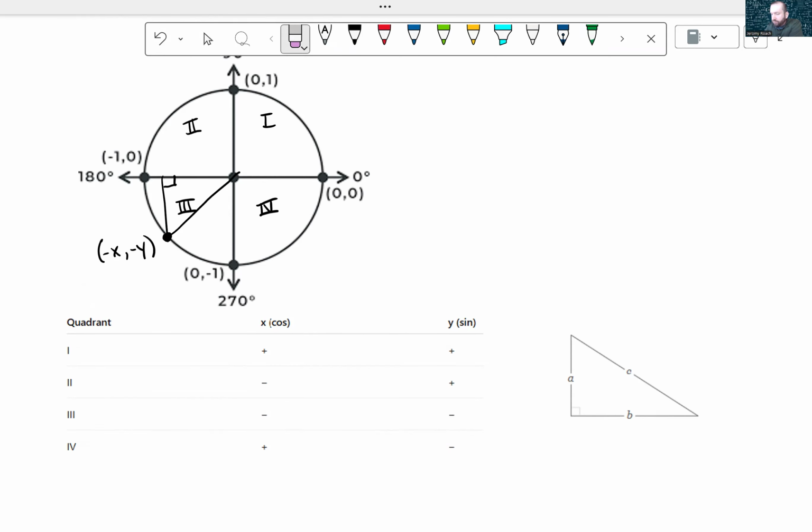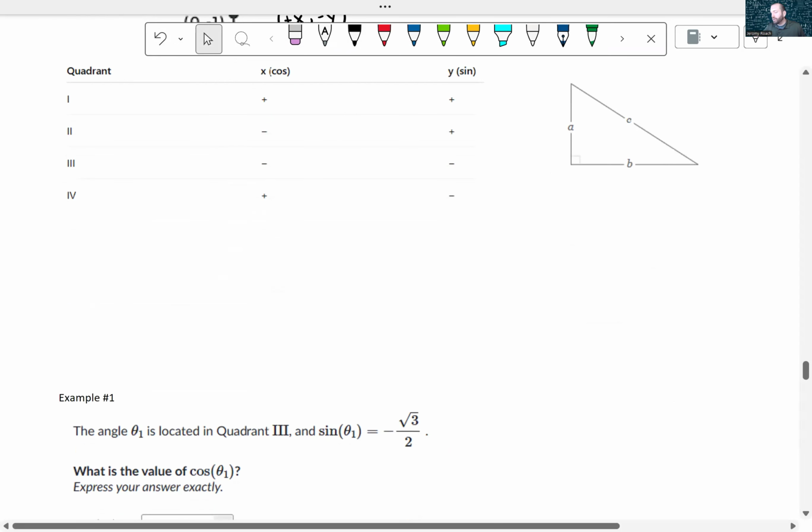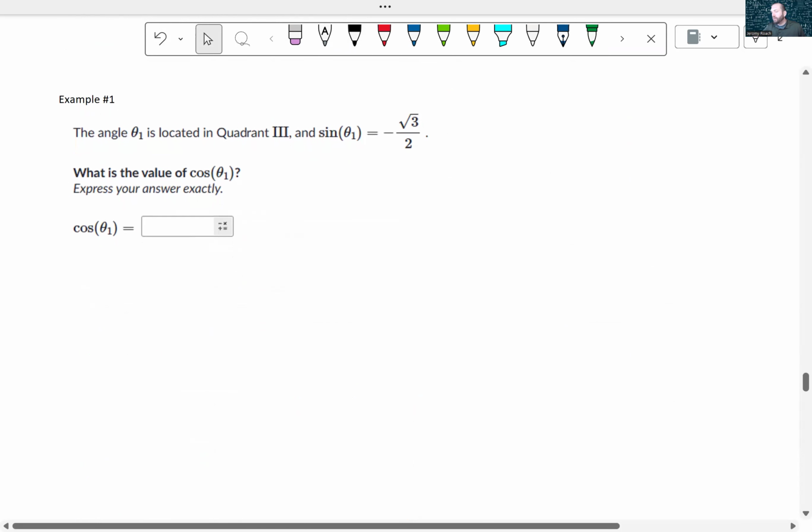And then for quadrant 4, our x coordinate's going to be positive and our y coordinate's going to be negative. Make a triangle like that. Okay, so we're going to use reference angles for some of these. Let me just simplify it and say that.